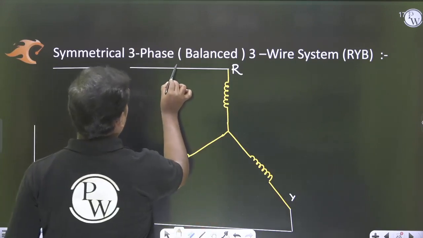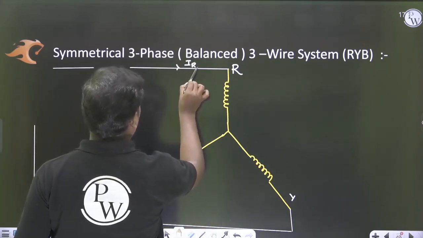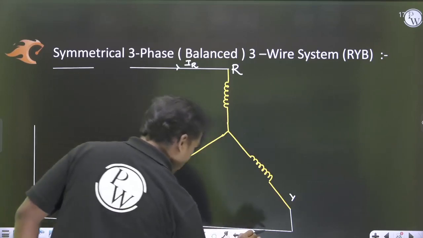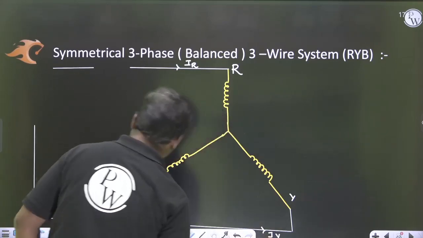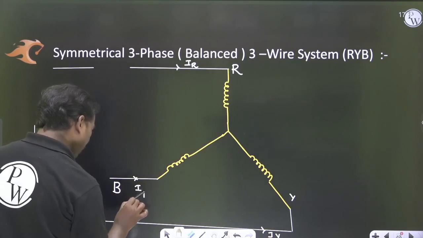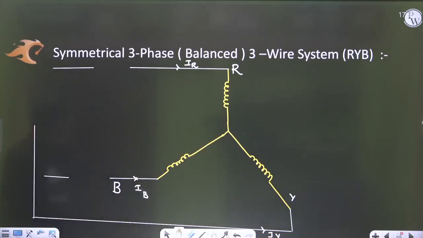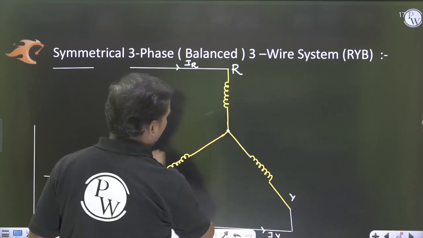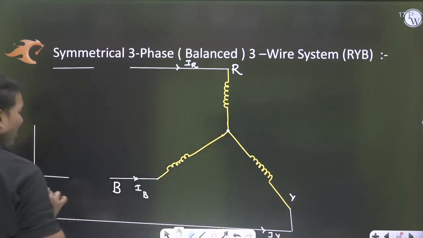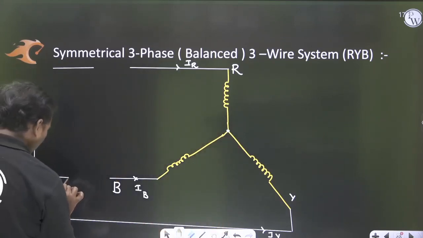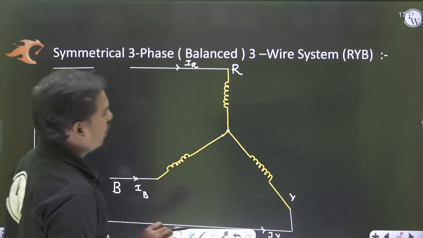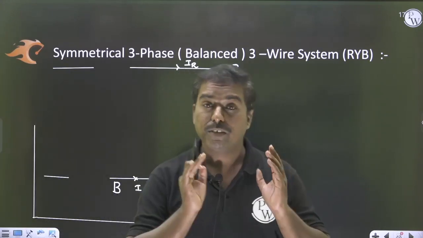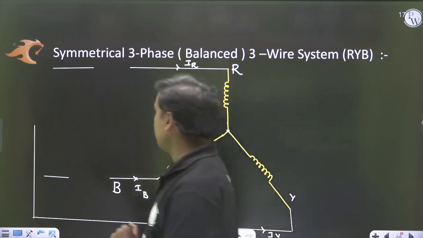Then the current passing here will be IR, this will be IY, this will be IB. For neutral I am not having any line. Then this is the situation, we call it a 3-phase 3-wire system, RYB.